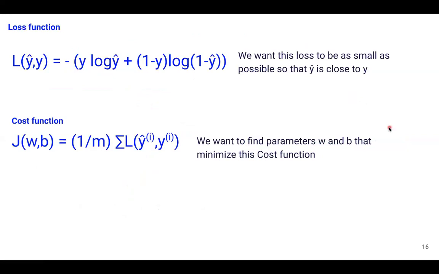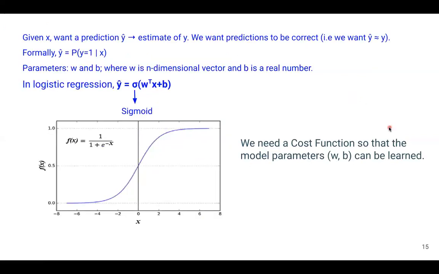So basically, in the previous slides, y has two values, right? 0 and 1. And here you formally write y hat equals the probability of y equals 1 given x. So what happens is that the final value will be between 0 and 1, and this is like a probability.